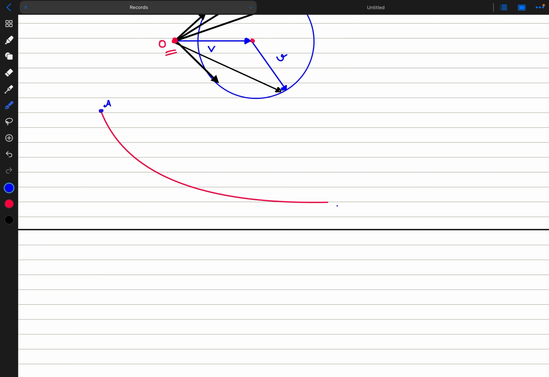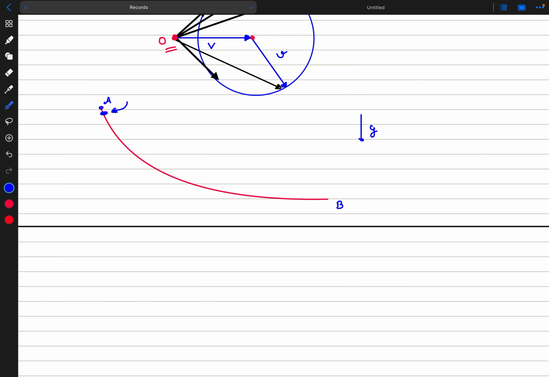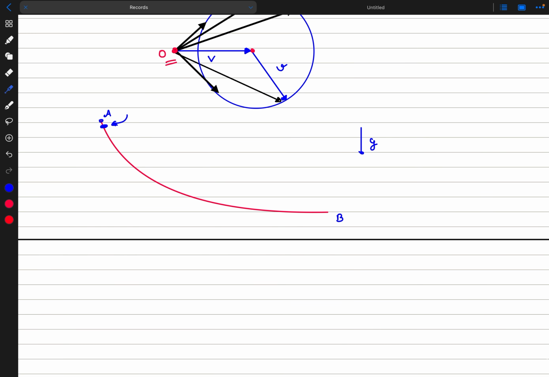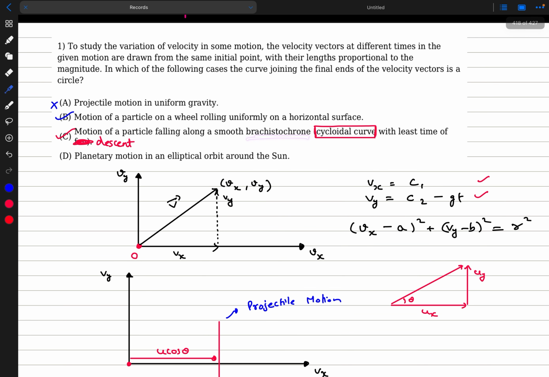The idea is that if you have 2 points A and B, with gravity acting downwards, and if we release a bead at point A, and see the time it takes for the bead to go from A to B, assuming there's no friction, and we check that time for all the curves, so let's say a straight line connecting A to B, a circle connecting A to B, a parabola, you can take all the curves, and if you do the experiments, what you would observe is that the cycloidal curve has the least time of descent to go from A to B, and this particular curve is just called the brachistochrone curve. You can check this out on Wikipedia.